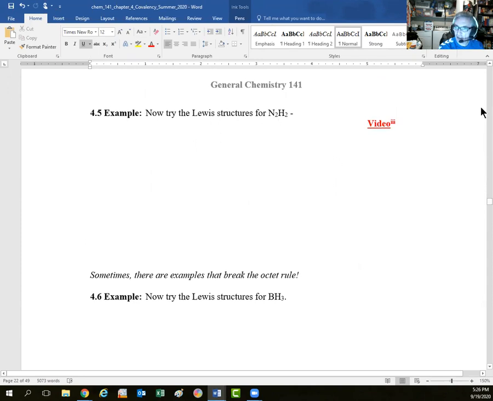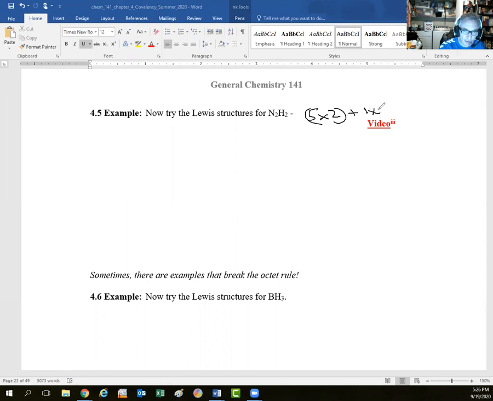Next one, hydrazine. Let's quickly do this one as well. Again, electron count, 5 for a nitrogen, based on its position in the periodic table, 5th element in the row. There's 2 of them, plus 1 for each hydrogen, and there's 2 of those. So we get 12 in total. Nitrogen needs 3 to make 8.